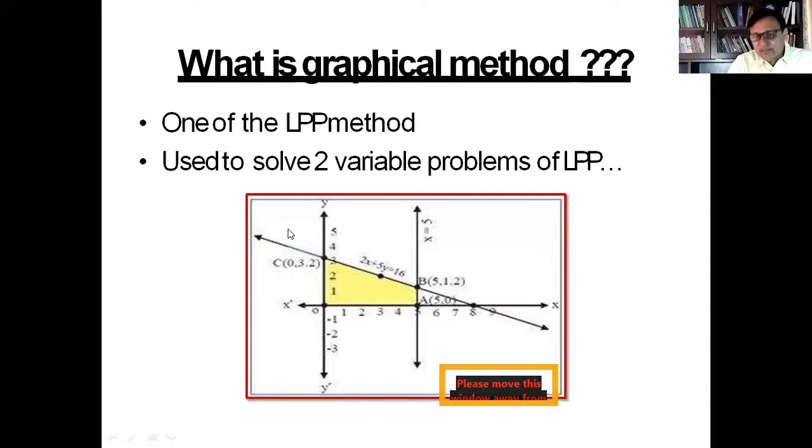So in the graphic method, we will plot the various equations on the graph, because it will cover our various limitation points, and keeping the limitation points in view, we will arrive at the feasible region, which is a common region.